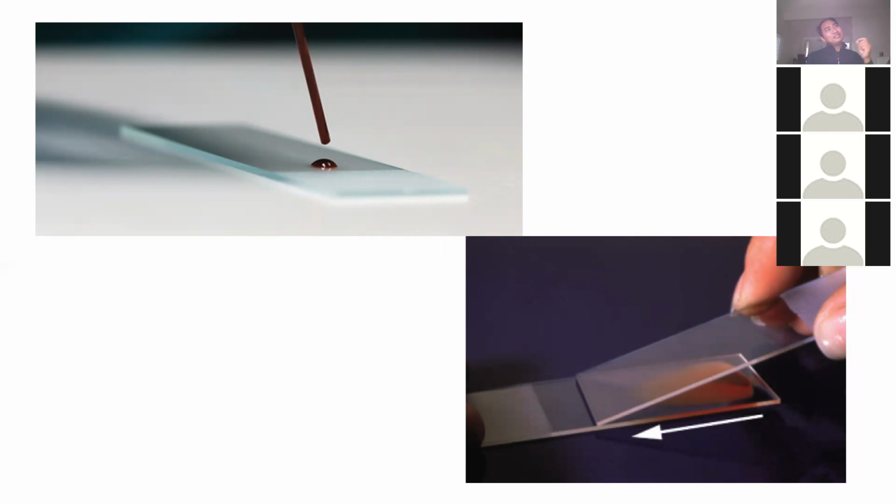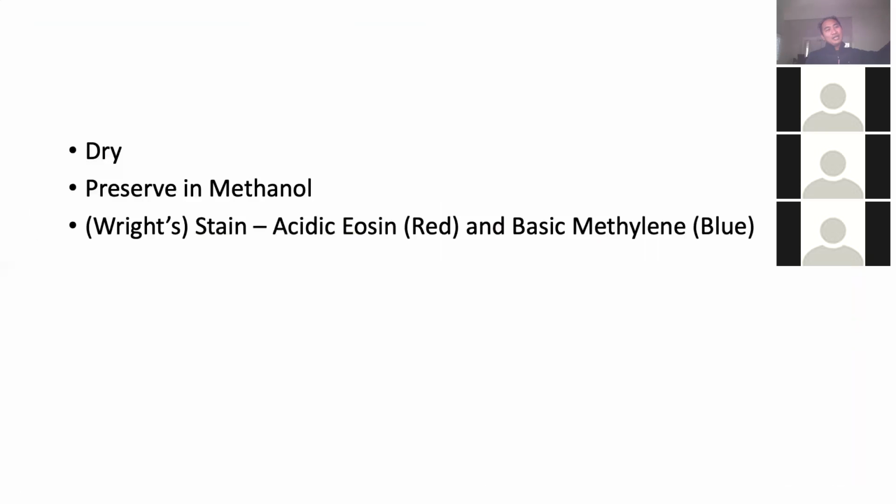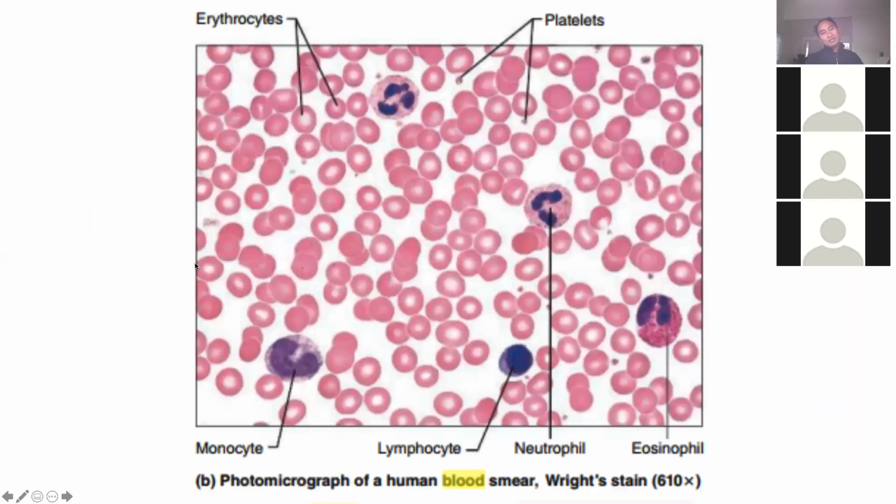Take a drop of blood from somebody, put it on the glass slide, draw a film, and let it dry. Then preserve it with methanol, and stain it with acid eosin and basic methylene blue. That is what we call dry stain. Now that's what we see in the blood film.